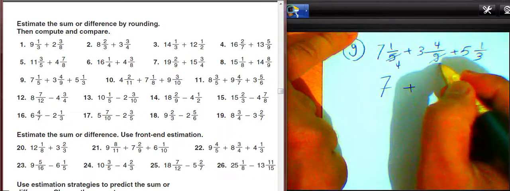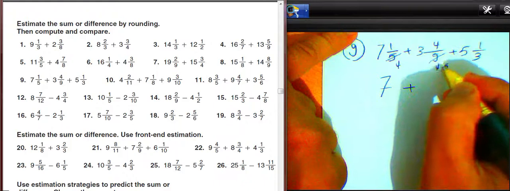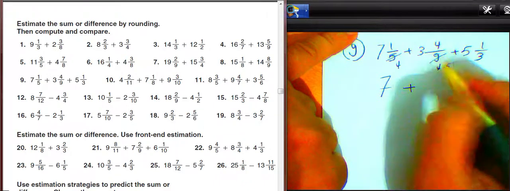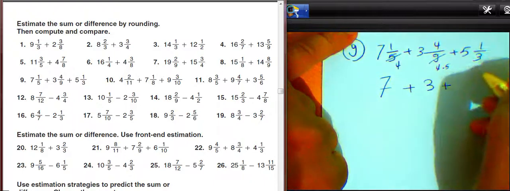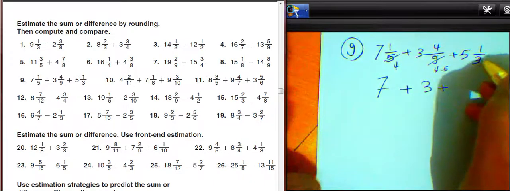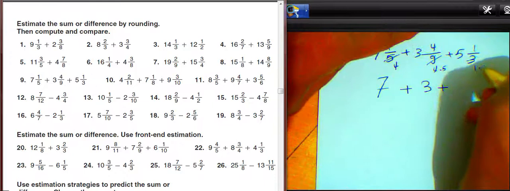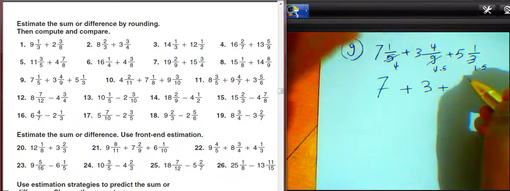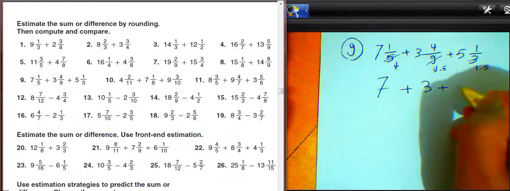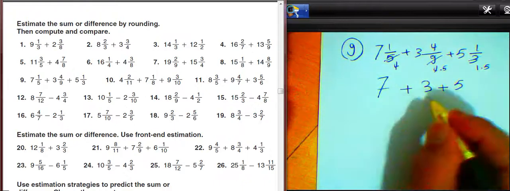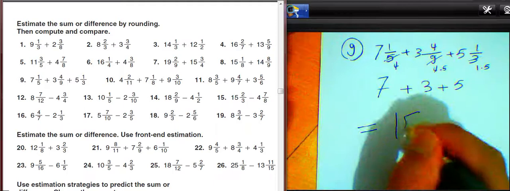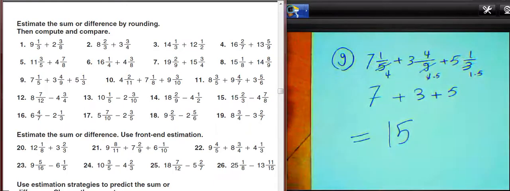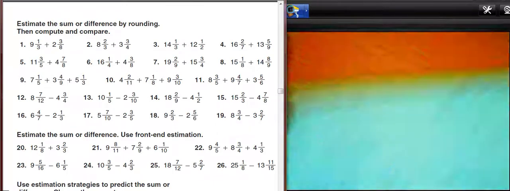Half of 9 equals 4.5. 4 is less than 4 and a half. So it's nearest to 3. Half of 3 is 1.5. 1 is less than 1.5. Then we can write 5 here. 7 plus 3 equals 10, plus 5 equals 15. That was question 9.